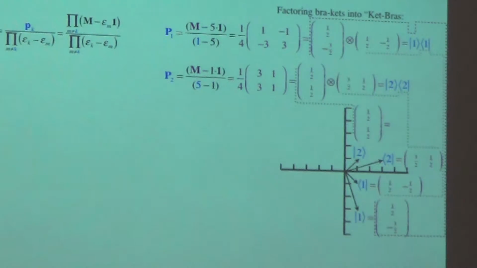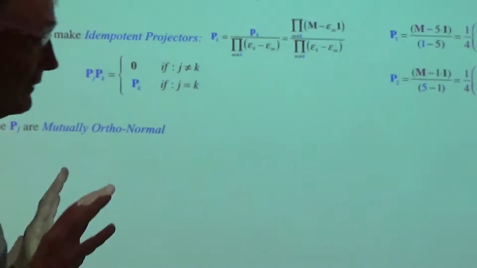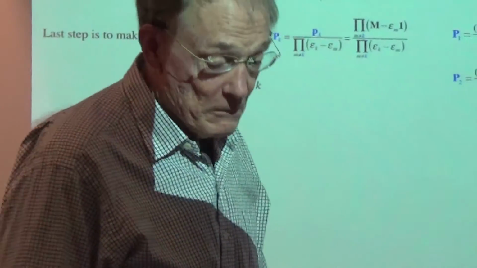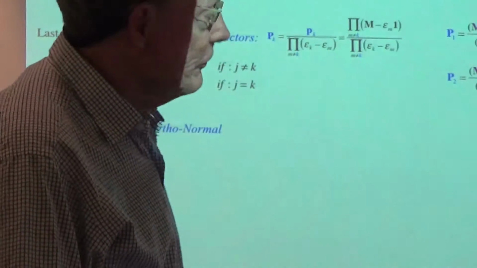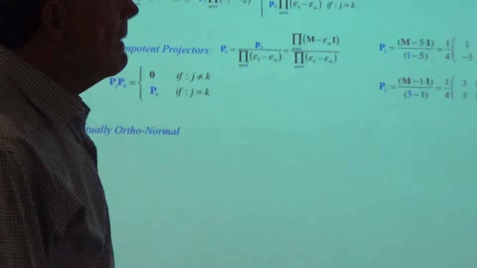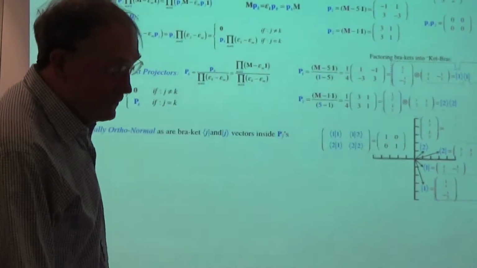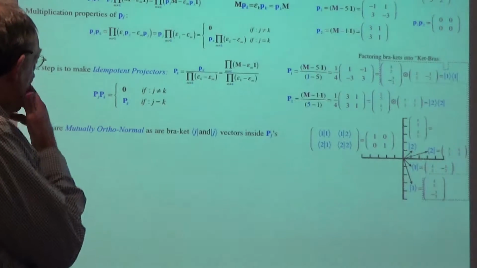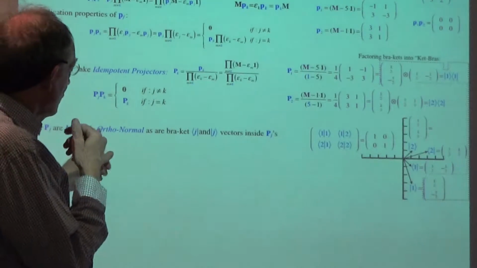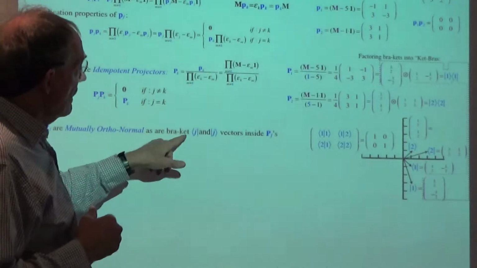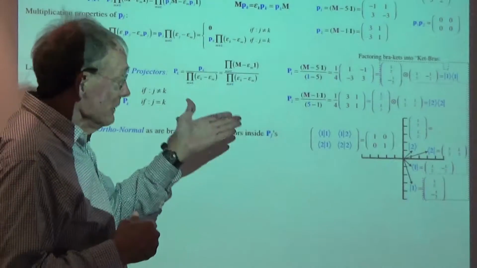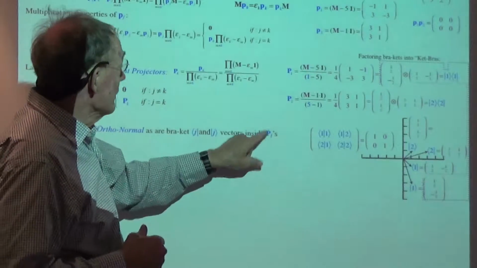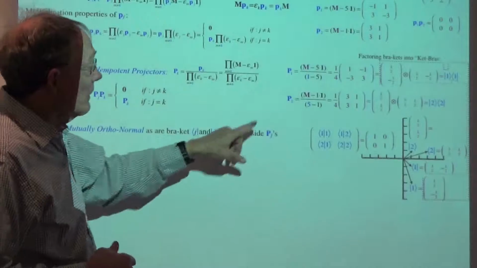Doing this, and what we're going to do here, doesn't ask you to do that, and that's what makes it powerful. It's something that you can work on operators with. You can do it at the operator level. Okay? So these have mutually orthonormal bra-ket vectors inside of these idempotent projectors.